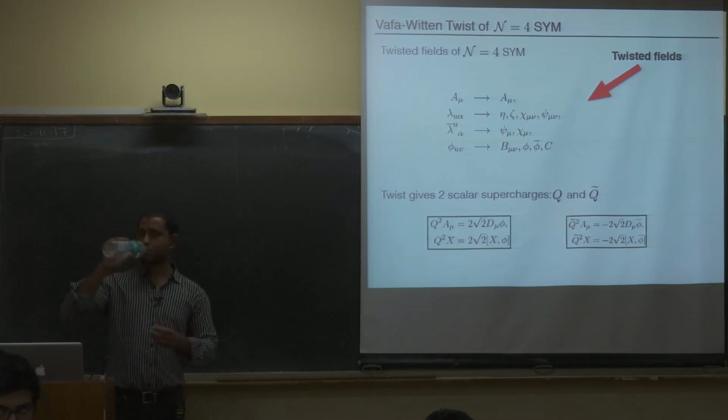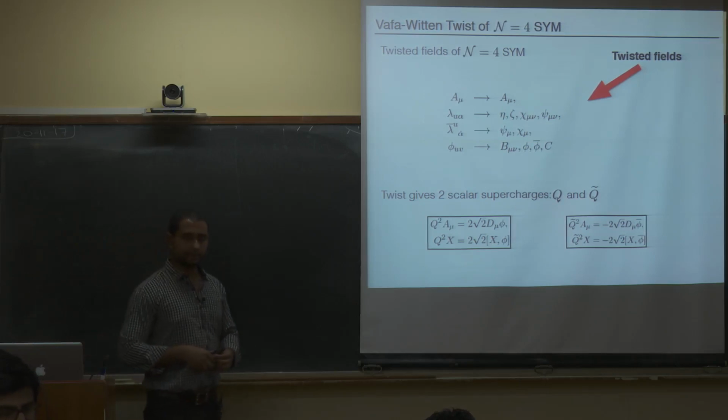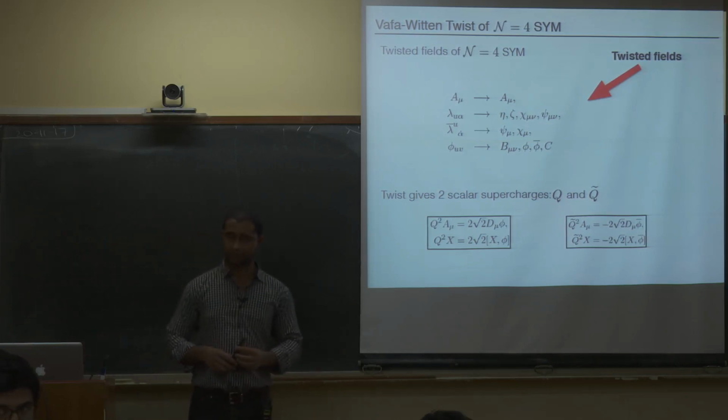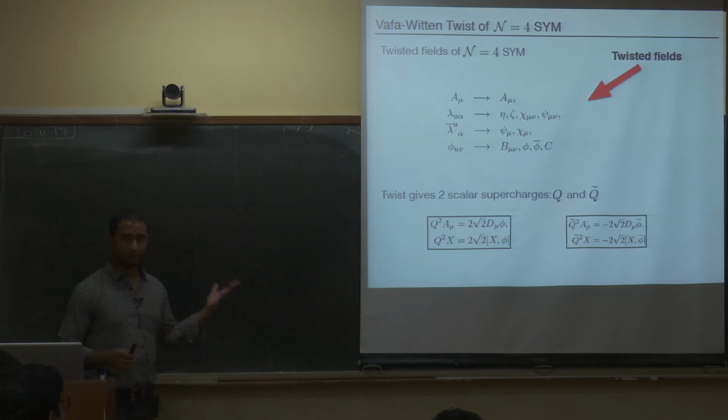Usually on a curved manifold, most of the observables of the untwisted theory do not survive. Eventually, it turns out to be the Euclidean invariant observables that are the good observables. On the lattice also, that's what we need. We need observables to be gauge invariant. Otherwise, they are not physical.